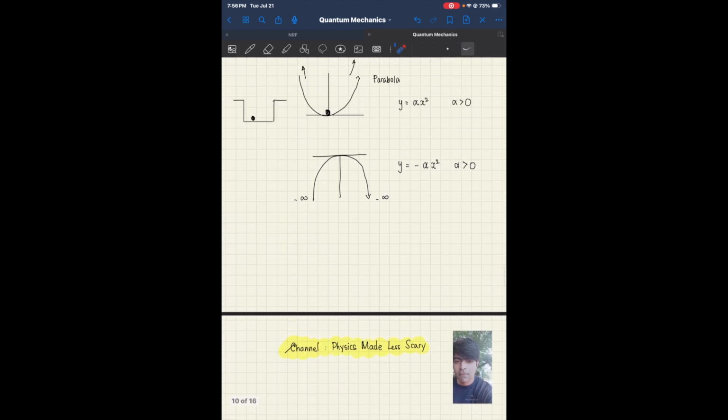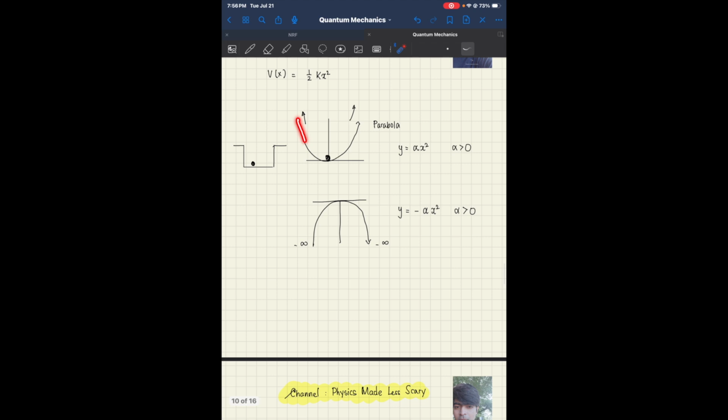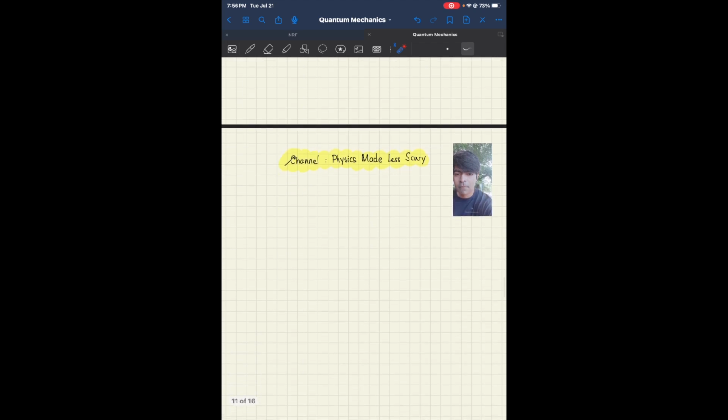So when you have a potential energy of this kind, your kinetic energy is half m v square, as you know from classical mechanics, right? And with m greater than 0, the mass of the particle is certainly greater than 0. This is a positive definite quantity.